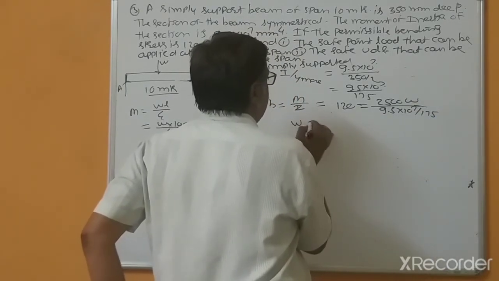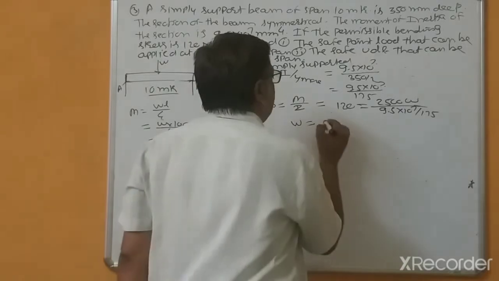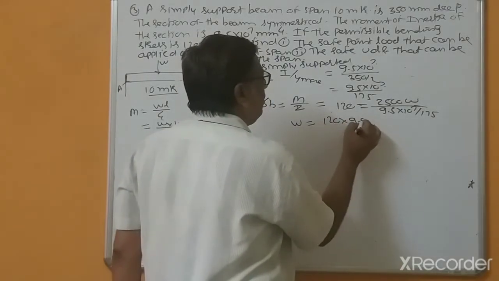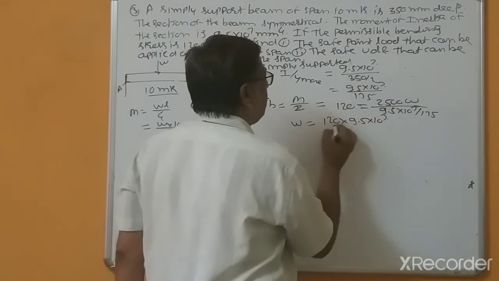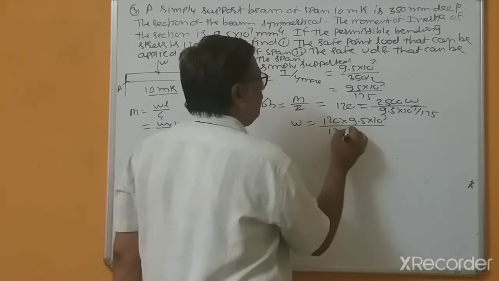So W equal to 120 into 9.5 into 10 to the power 7 divided by 175.